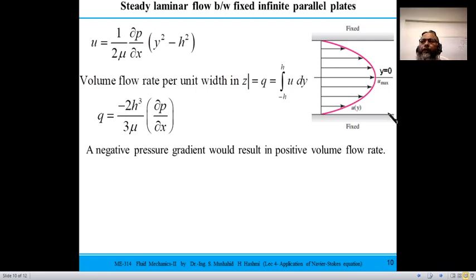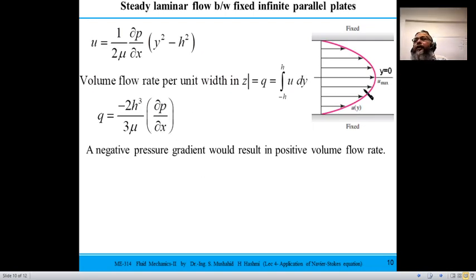The pressure gradient in x direction would be negative, and this negative and negative make the volume flow rate positive. If the pressure gradient is positive, the flow would take place from the downstream to the upstream. So the reverse flow would take place when your pressure gradient is positive.